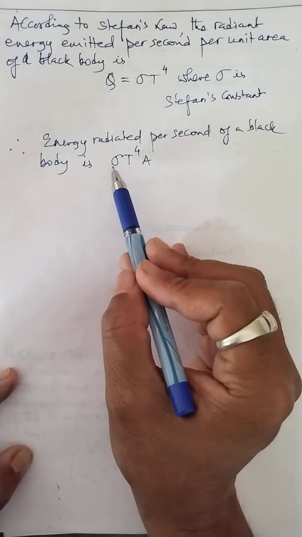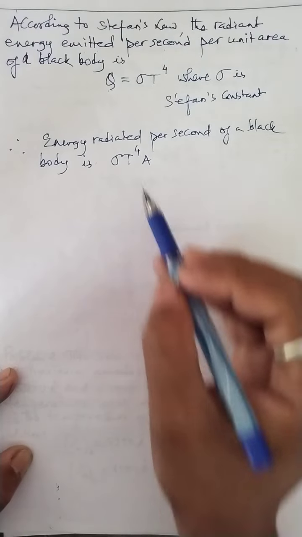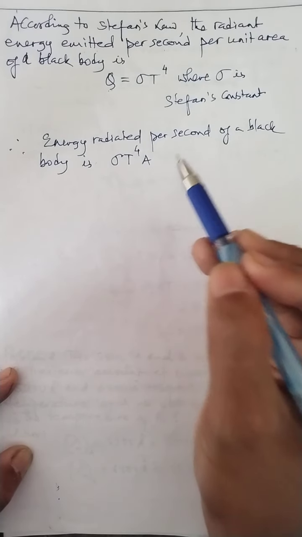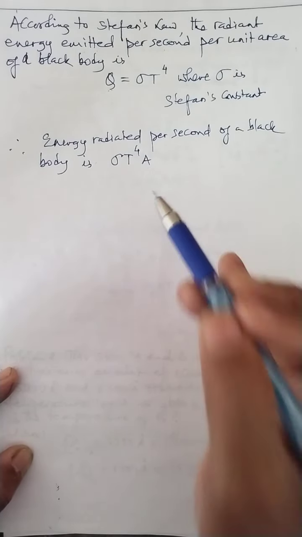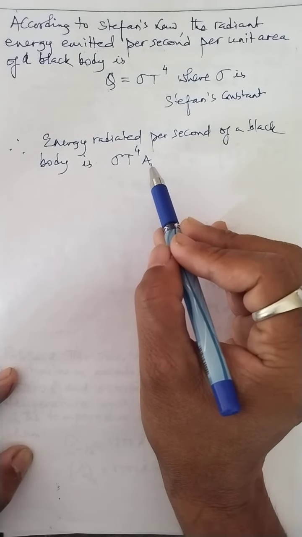So it will be sigma T to the power 4 A, where A, as you know, is the surface area of the black body. The surface area of the black body is already known.